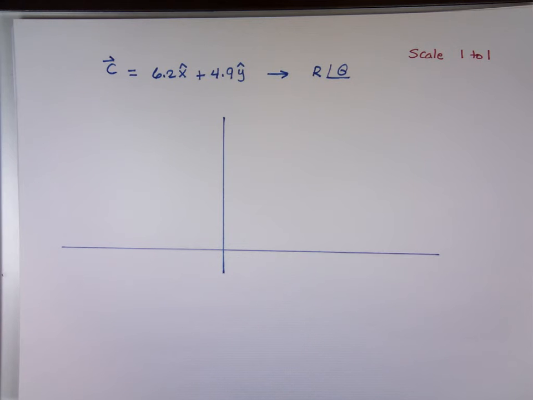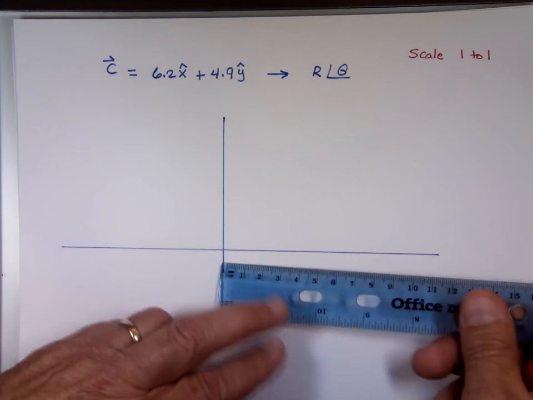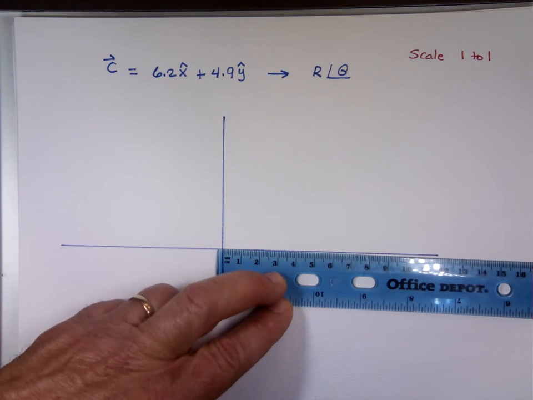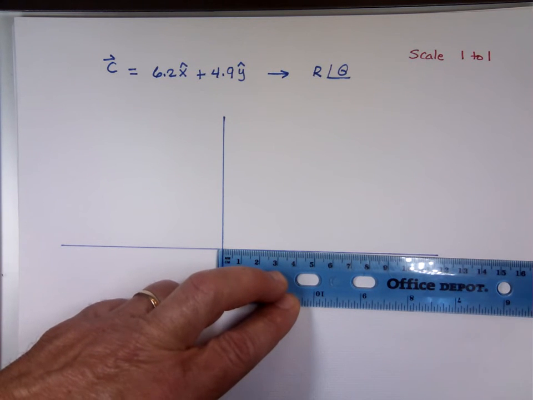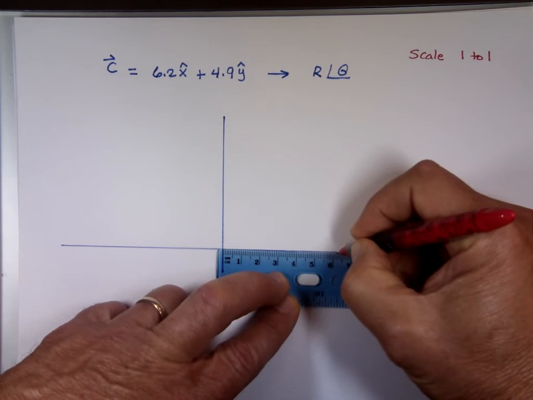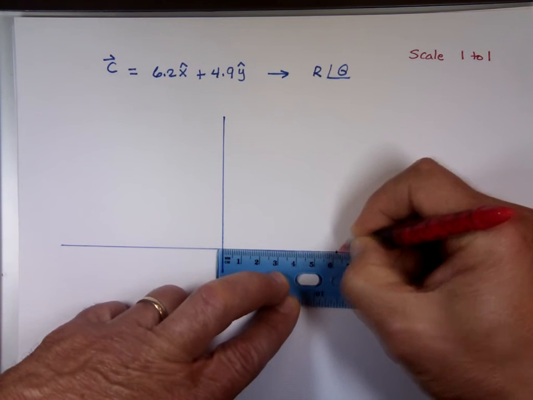So if I'm using a scale 1:1, that means every one I'm going to use 1. If this is 6.2, it better be 6.2. So let's graph 6.2 here in the x direction. So that's the 6.2.